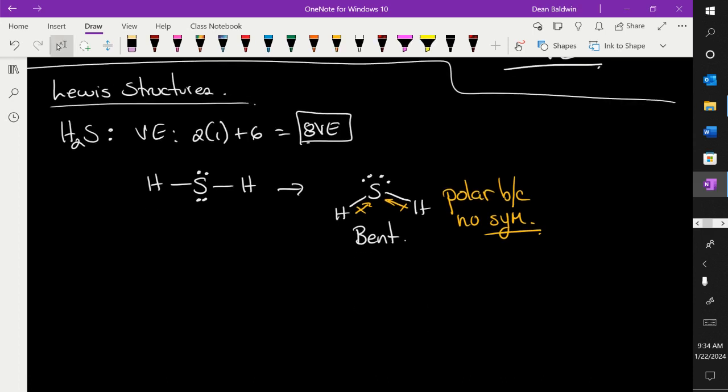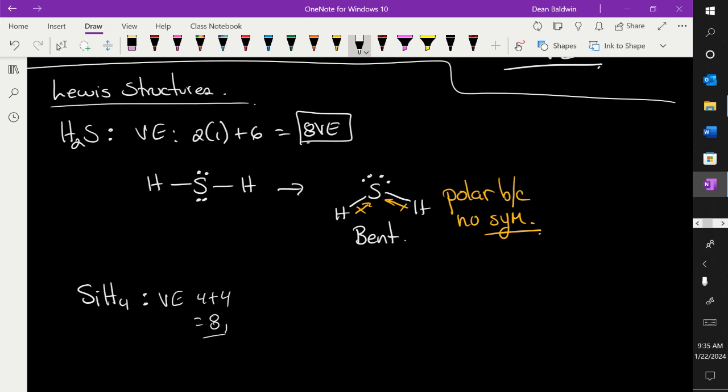Okay. Let's do SiH4. What's the first thing you figure out? Valence electrons. How many valence electrons does silicon have? It's got 4. And hydrogen has 4.